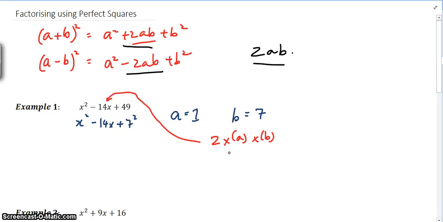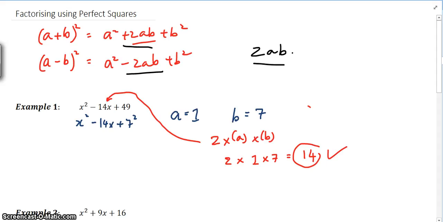So let's check that. What's 2 times 1 times 7? That would be 14. That means in this case we have a perfect square, because 2 times a times b does equal the number in the middle.